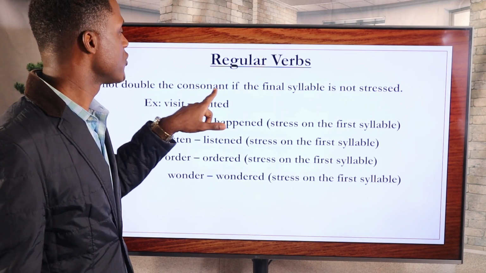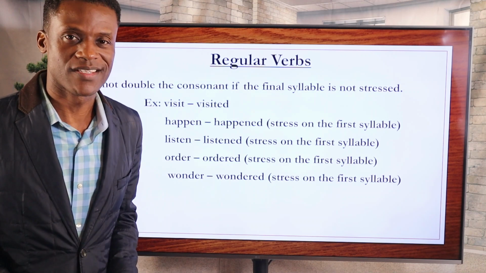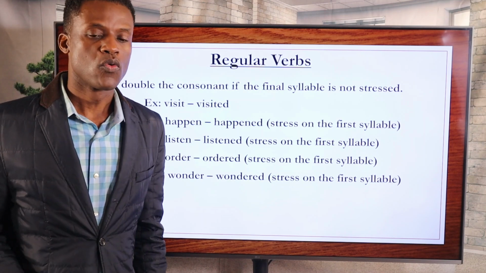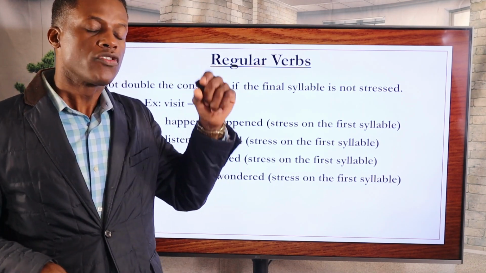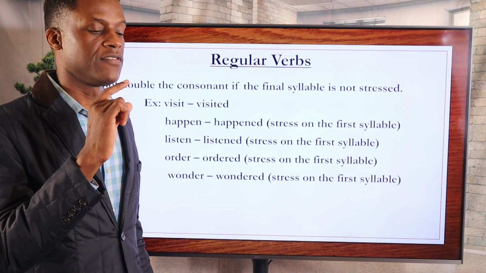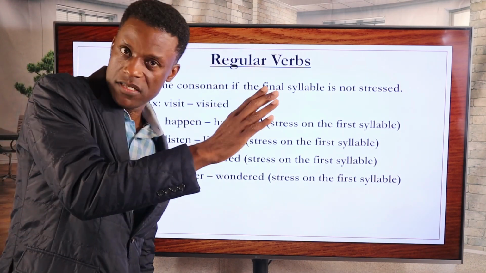Now, you do not double the consonant if the final syllable is not stressed. Here's an example: visit. The stress is on vi, not on sit. I don't say visit, I say visit.